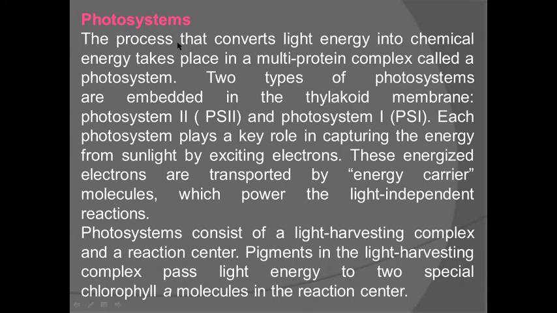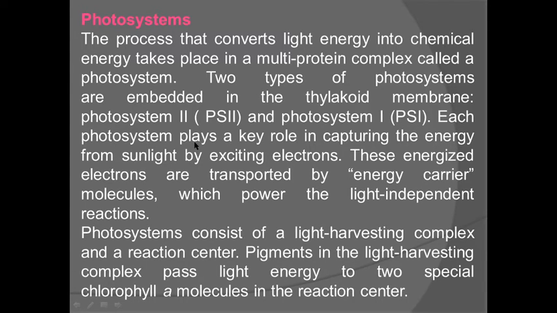Photosystems. The process that converts light energy into chemical energy takes place in a multi-protein complex called a photosystem. Two types of photosystems are embedded in the thylakoid membrane of chloroplast, which are photosystem second and photosystem first.